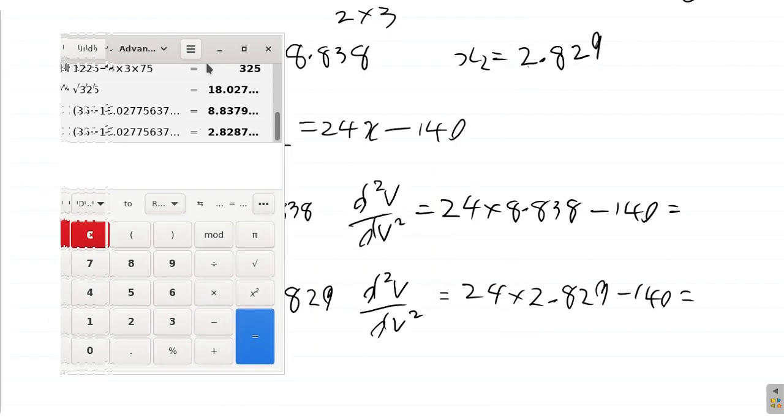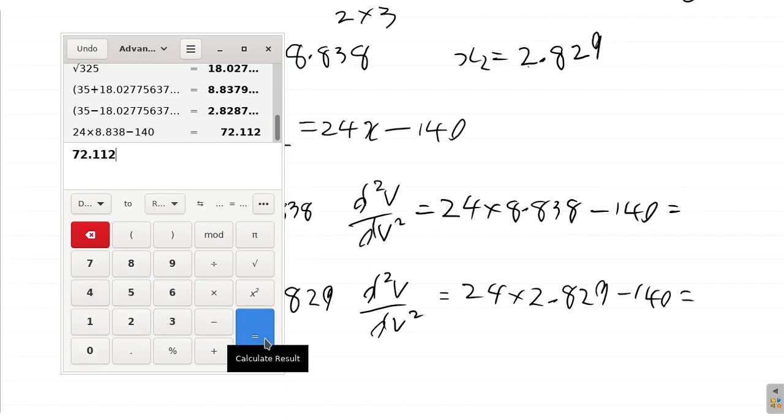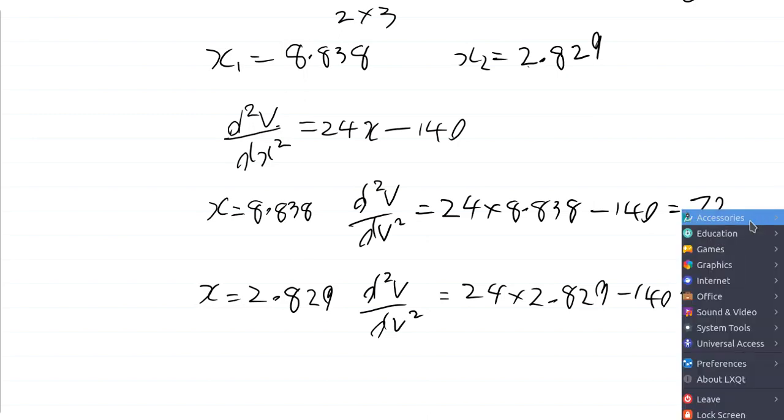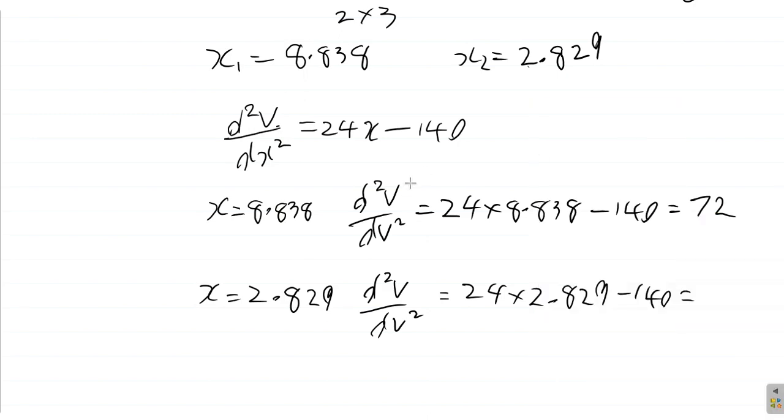So here now, 24 times 8.838 minus 140 equals 72.112. Let's just write 72, and then we're going to try it again with the other value.